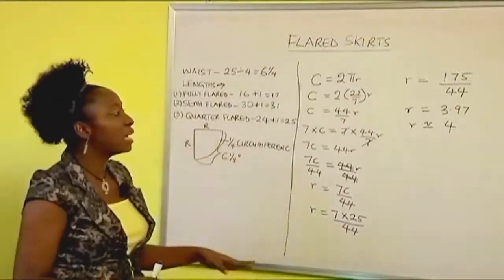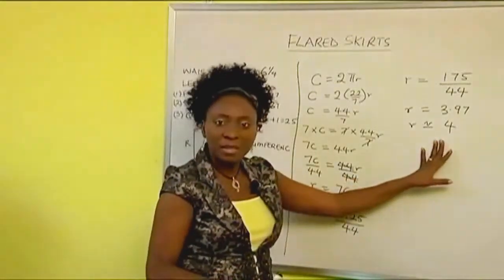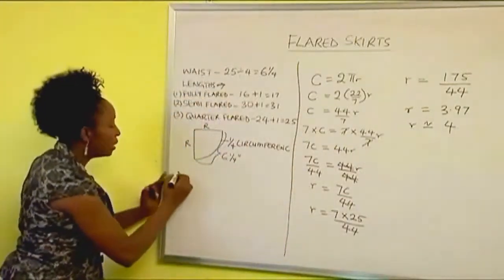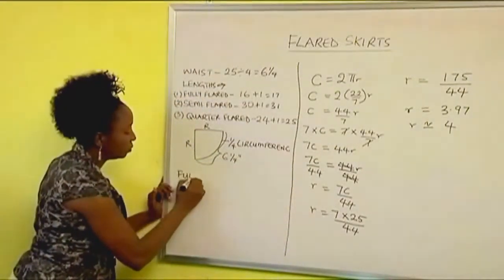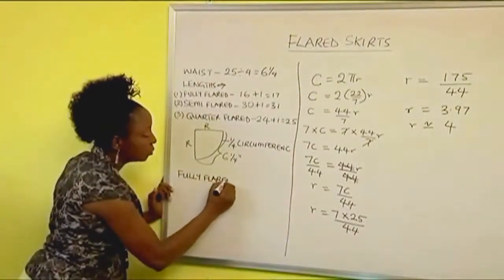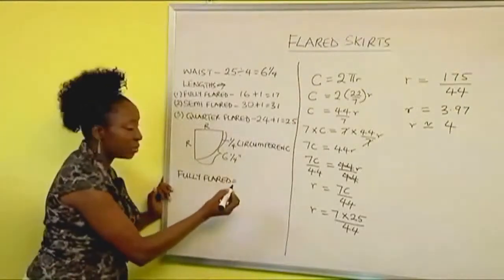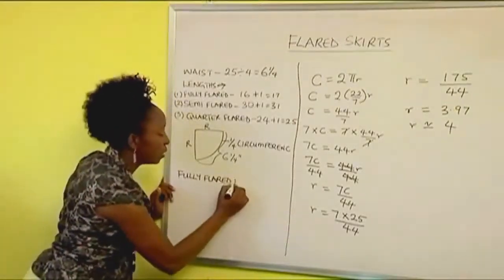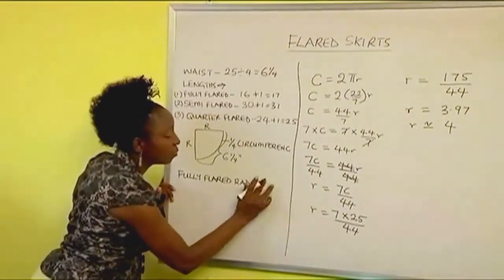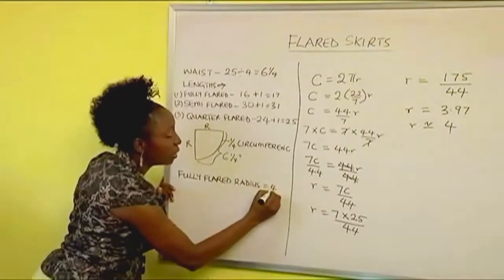So now that we have already calculated our r, this is 4 inches. So for our fully flared skirt, our fully flared radius is 4 inches.